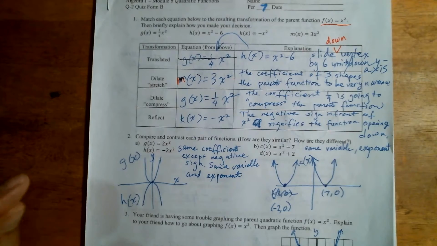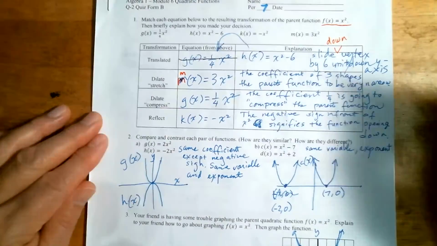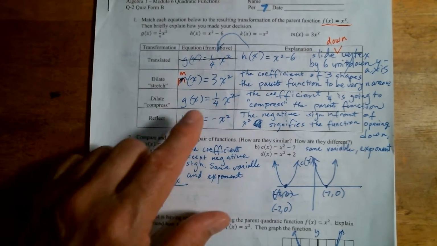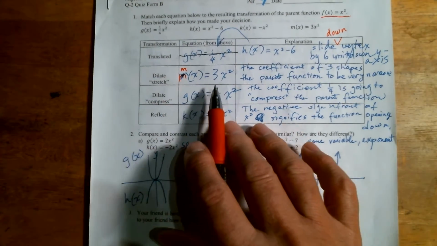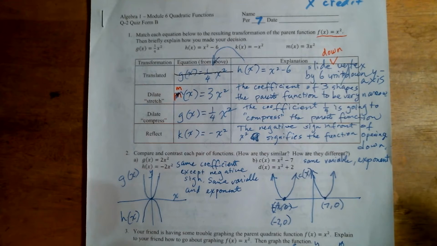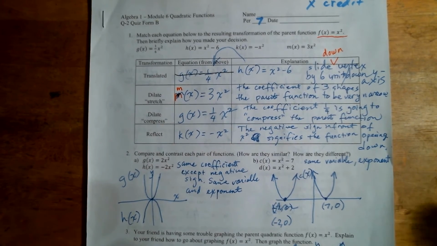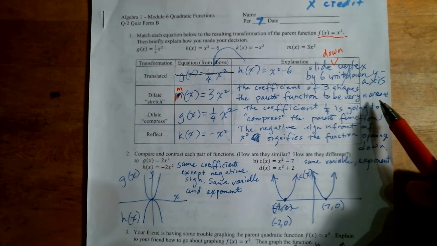I know it's hard to read, but that's m of x, which is the 3x squared. So with the 3 in front of the parent function, the parent function is going to be stretched. So they call it stretch right here, dilate, stretch, to be very narrow.